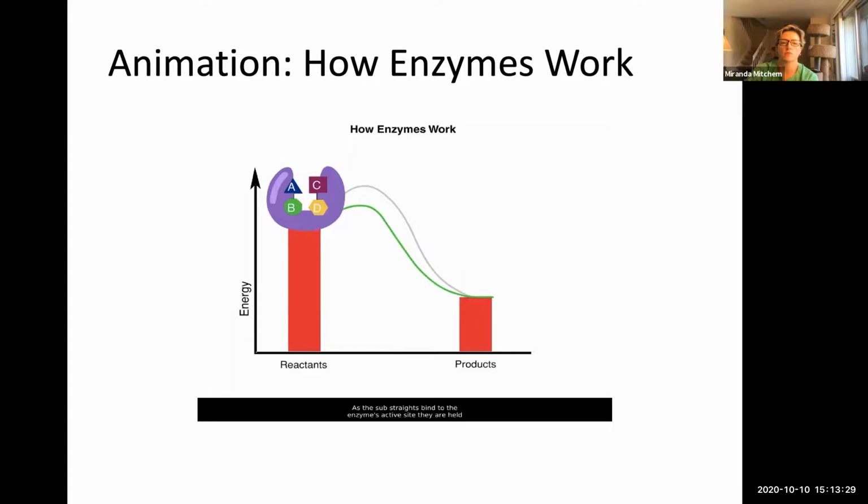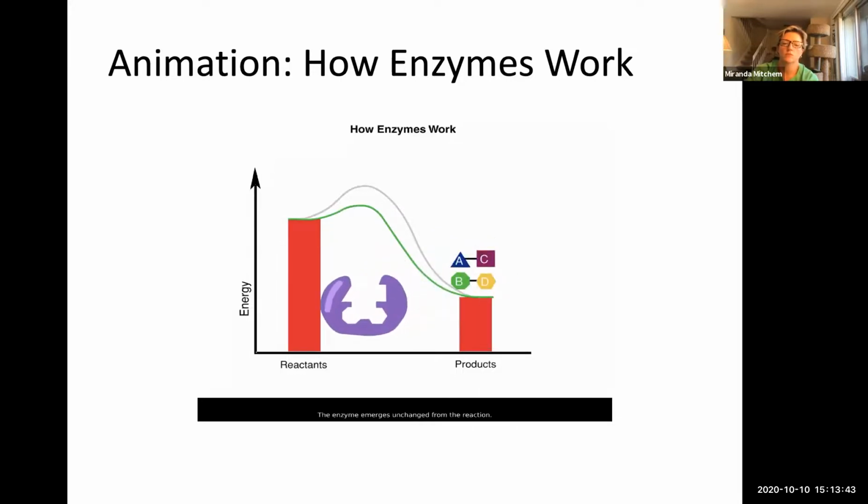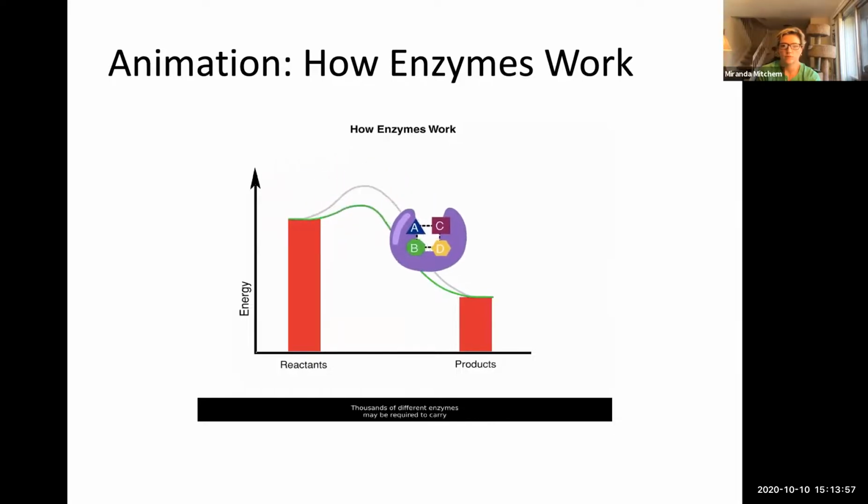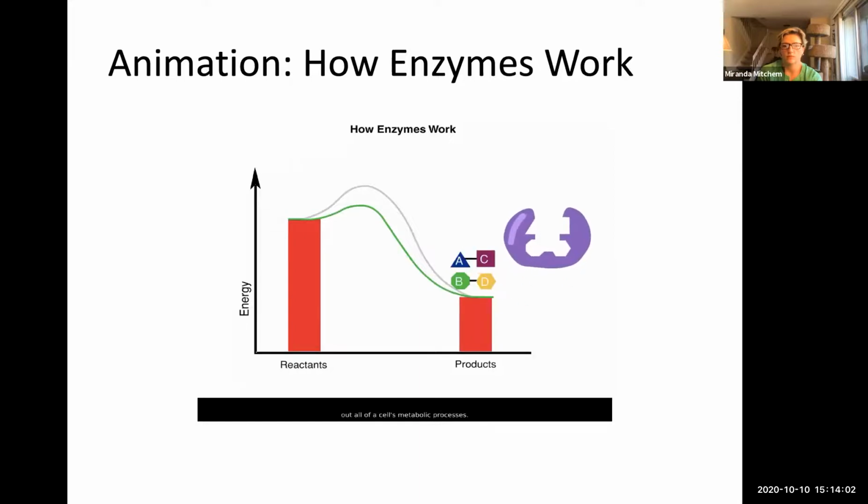As the substrates bind to the enzyme's active site, they are held in a position that facilitates the reaction. This takes less activation energy than the unaided reaction. Products form and are released. The enzyme emerges unchanged from the reaction. Because of the specific fit between enzyme and substrate, each enzyme can catalyze only one kind of reaction involving specific substrates. Thousands of different enzymes may be required to carry out all of a cell's metabolic processes.